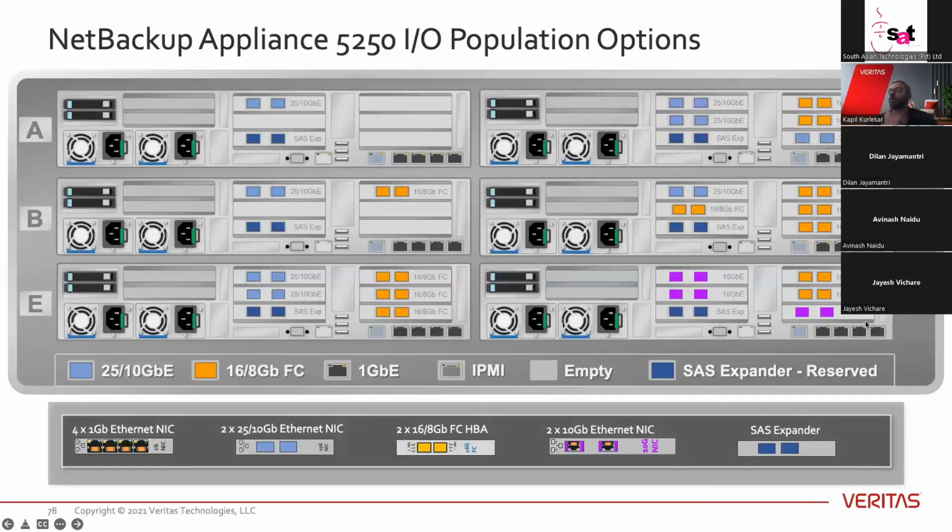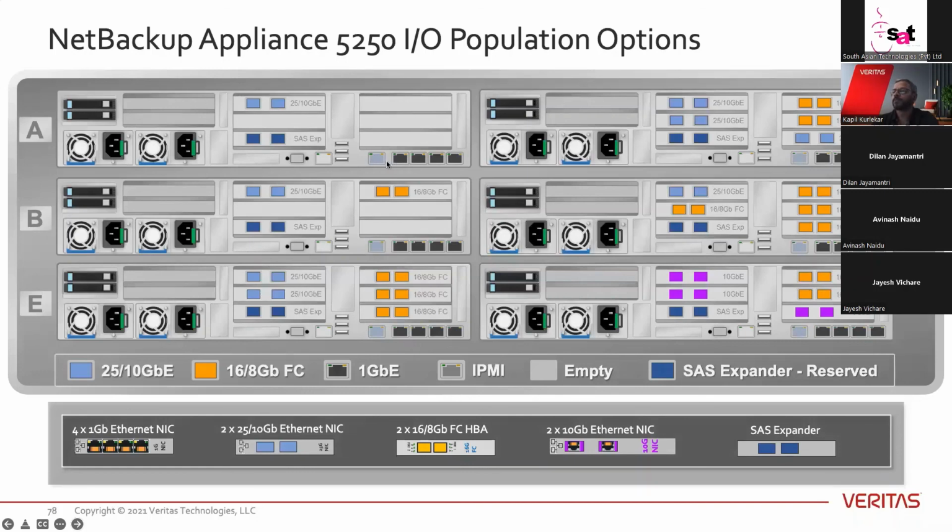This is the IO population in your NetBackup 5250 appliance. There are several models present, right from A to F, which have different combinations of these IO modules that you are seeing over here. The A module has, as you can see, two 25 GB Ethernet ports and two SAS ports.